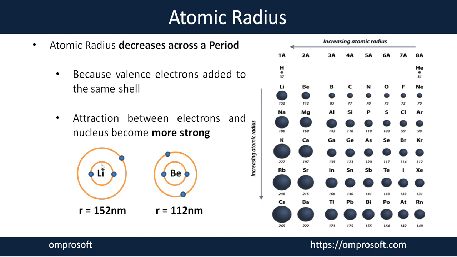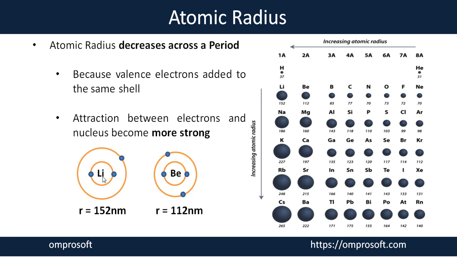Like you can see here, this is lithium. It has one electron in its outermost shell. And while we move across a period, the next element is beryllium. It has two electrons in the outermost shell, 1 and 2. And if the number of electrons increases, the attraction between electrons and nucleus becomes stronger as compared to lithium.